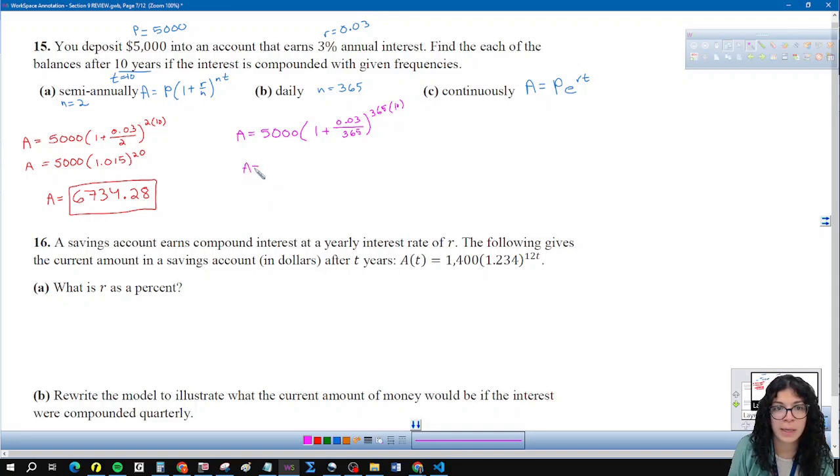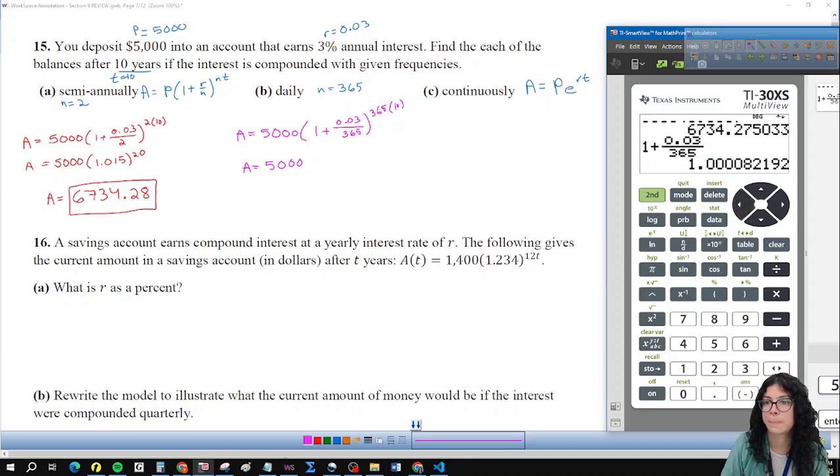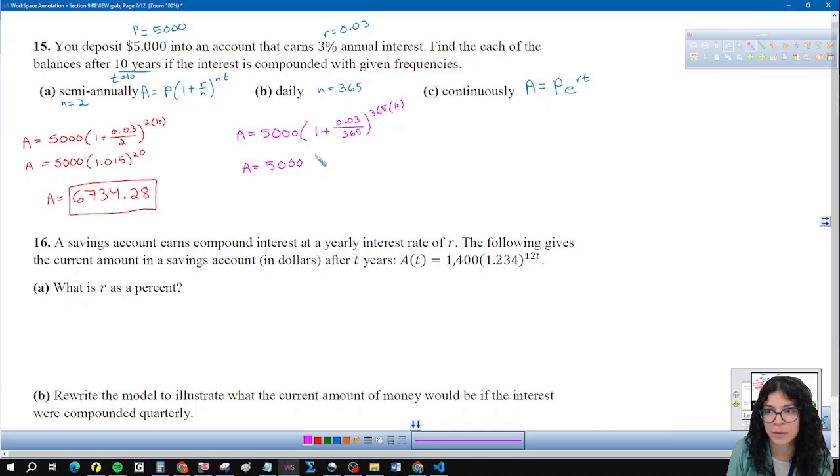So I could use my calculator again to simplify the parentheses, which I could actually just highlight back over this original one and then change the denominator from 2 to 365. So that's 4 zeros. This is a guesstimate because obviously I have to cut off the number at some point. I only have so much space on this here, so I'm going to write it as 1.0008.